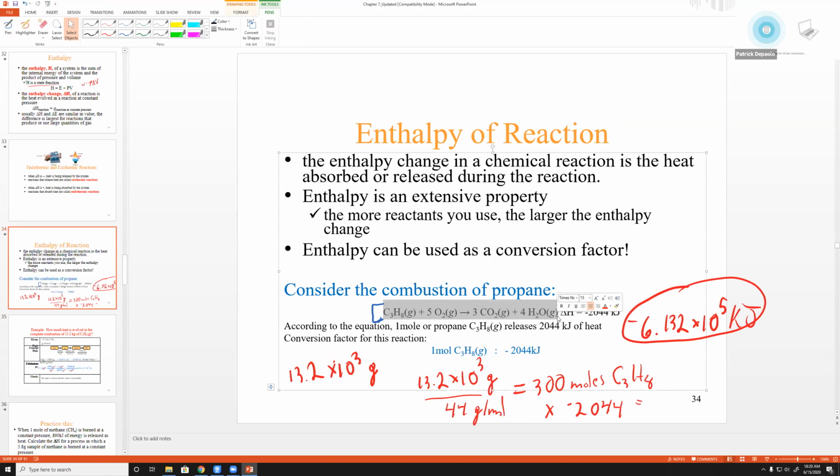And I might give you a combustion that isn't balanced, and you have to balance it first, find the enthalpy per mole, find the enthalpy per 500 grams or whatever, and then maybe do some other stoichiometric things with the equation. Or maybe I give you a pressure and a volume, and you have to find the work in the reaction. There's a lot of different things you can do with these types of questions.